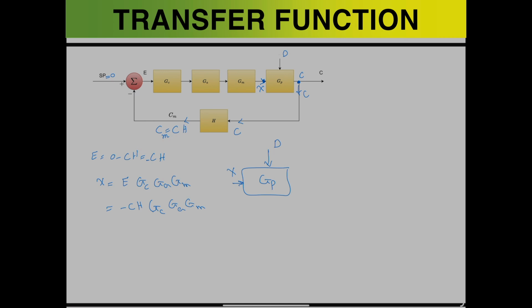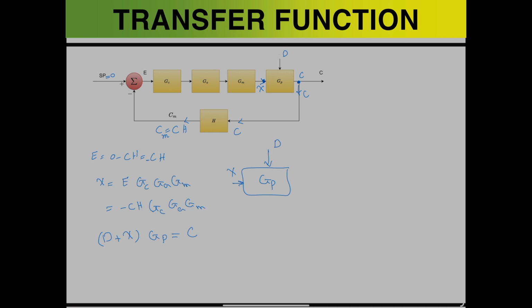In a sense, in this case, D is going to be summed up with X and multiplied by GP. This results in C. Whatever enters a building block is going to be summed up with each other and then multiplied by that building block. It is very similar to the summation box.